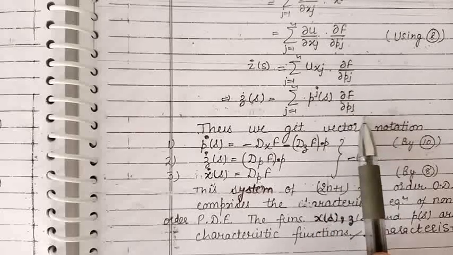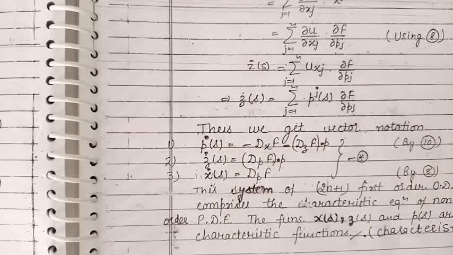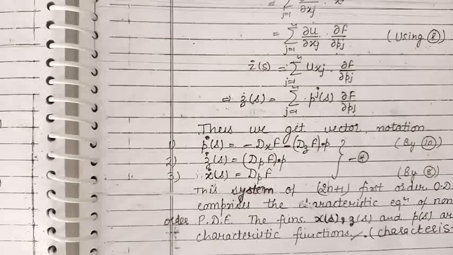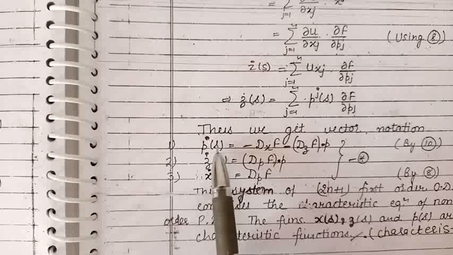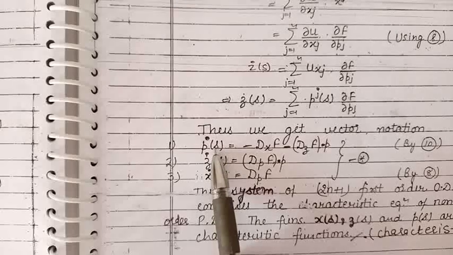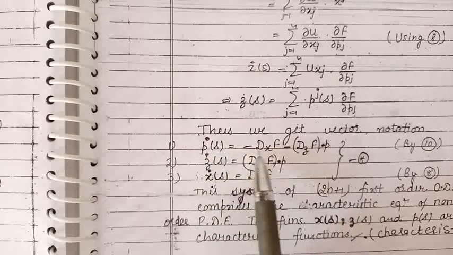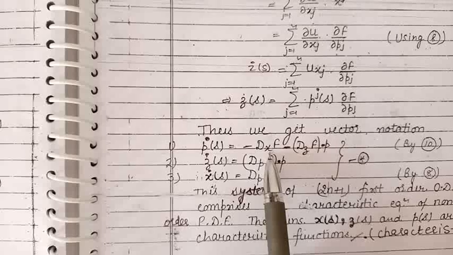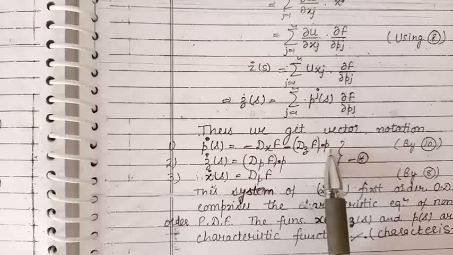We have obtained three equations, one for the derivatives of the function p, one for the derivative of z, and one for the derivative of x with respect to s. We can write their vector notations. So the equation 10, which is in the form of components, we can write by using vector notations. That will become p dot s is equal to negative of gradient of f with respect to x minus gradient of f with respect to z dot p.